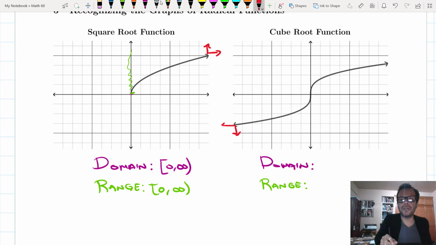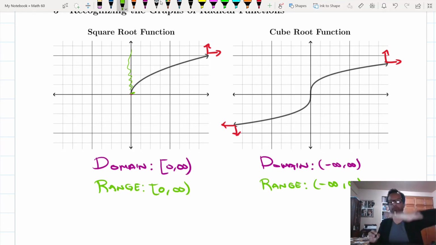And you might want to use the trick again, right, of writing it like this. Notice in the x direction, the graph goes on forever on either side, right? So the domain will be all real numbers, or negative infinity to positive infinity. And the range, likewise, will go from negative infinity to positive infinity as well, right?